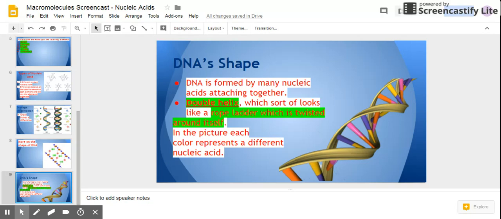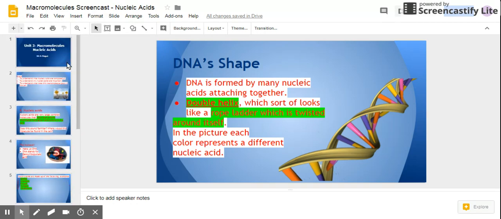And if we started twisting that around itself, that starts to give us a bit of a picture of what DNA actually looks like and the shape it has itself. And again, we see here the nucleic acids are these colors here, the purple and yellow, the pink and the orange, and they're always connecting in the same kind of way, pink with orange and purple with yellow.